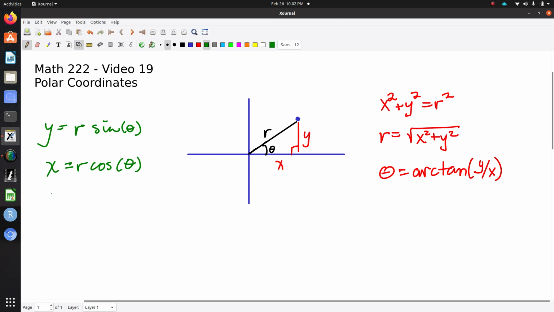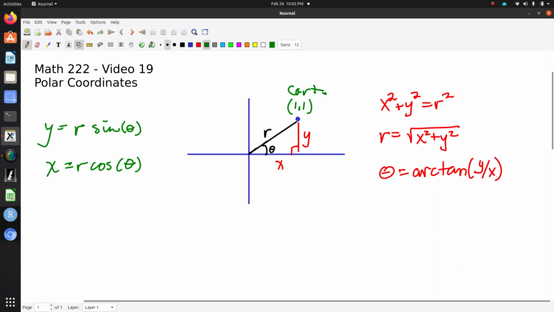Okay, so let's do a couple examples. Let's just make something up. If we have a Cartesian coordinate right there, may as well stay in quadrant 1, and it's 1, 1, and those are the Cartesian coordinates, right? Then what do we have for r and theta?